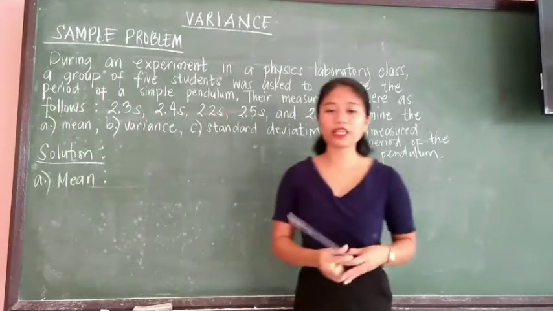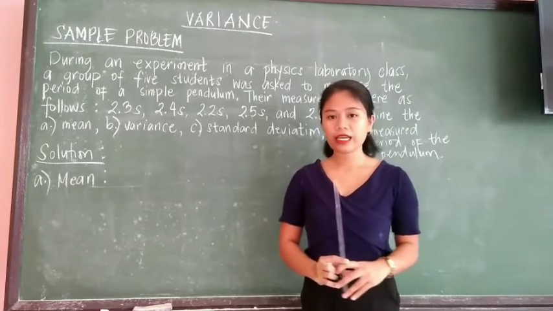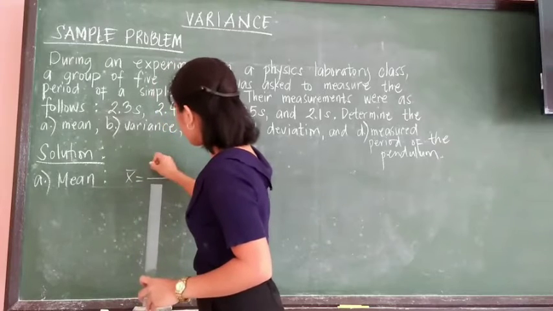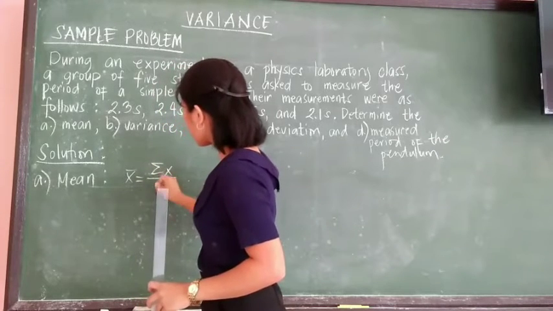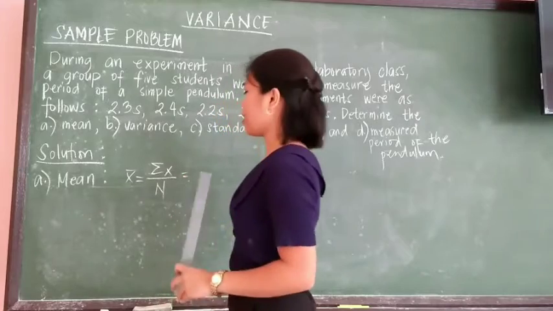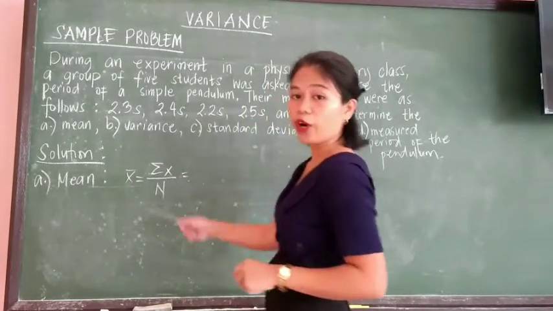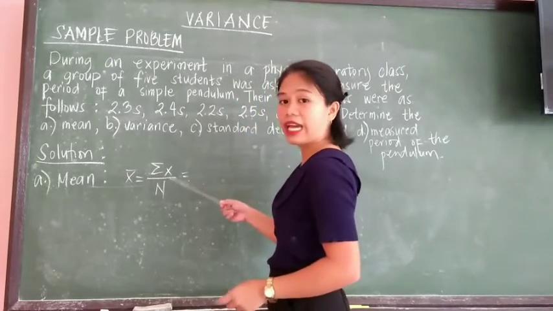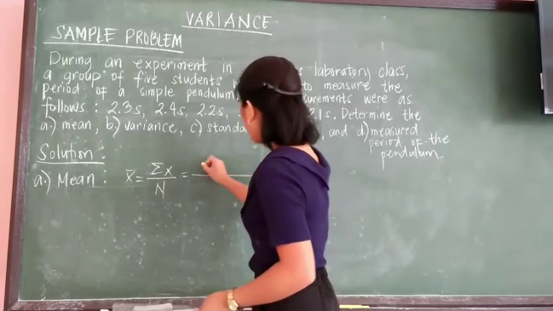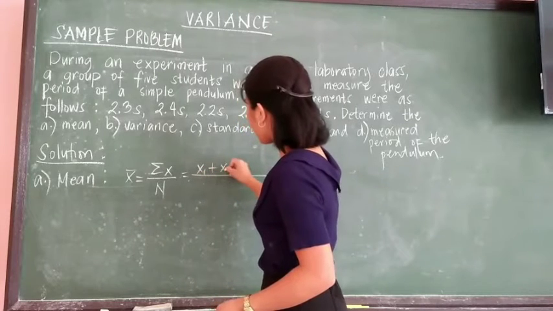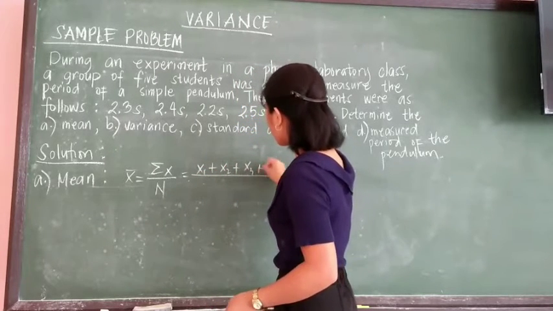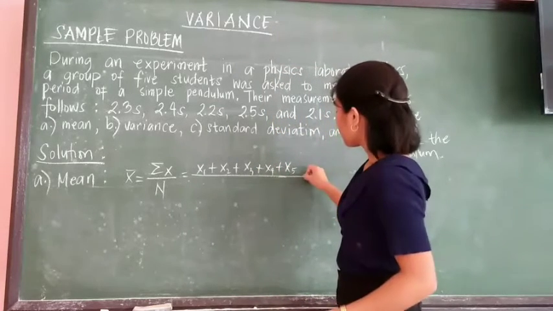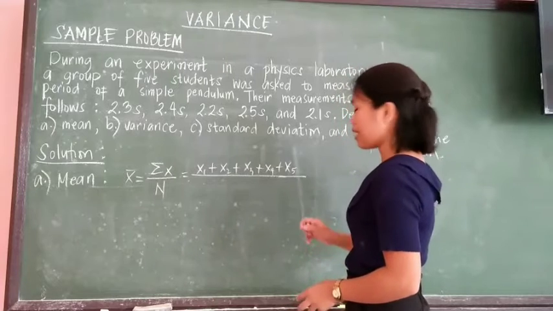The mean can be solved using the formula x bar equals summation of x over n. We can elaborate this formula by changing summation of x into x sub 1 plus x sub 2 plus x sub 3 plus x sub 4 plus x sub 5, and so on.